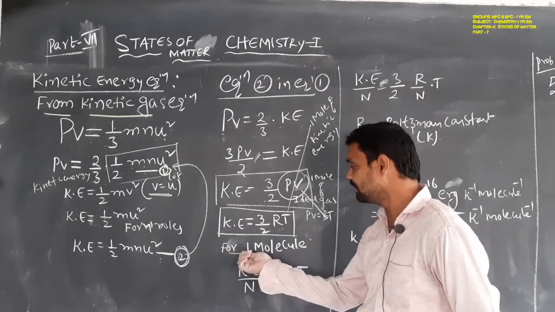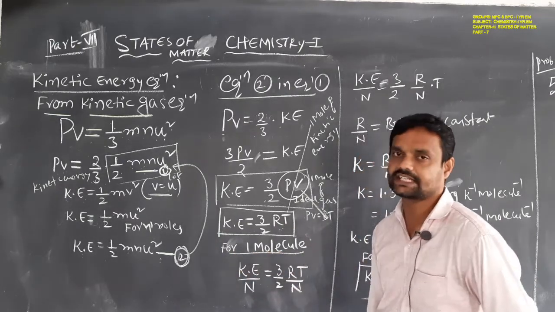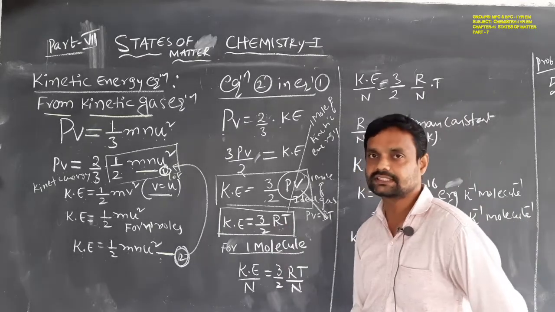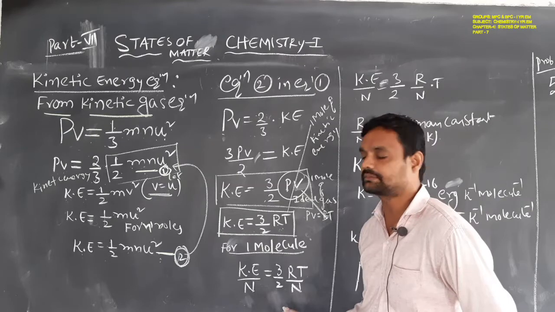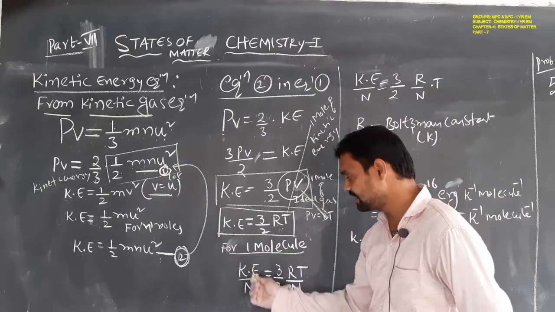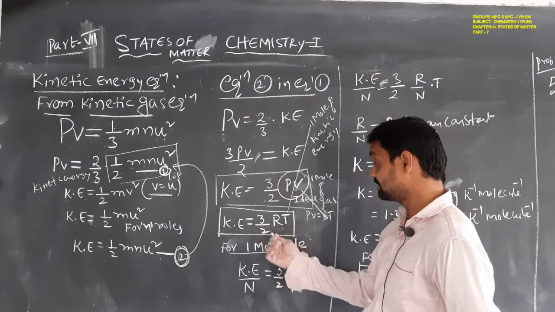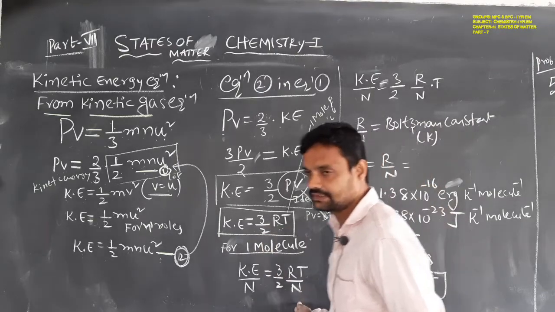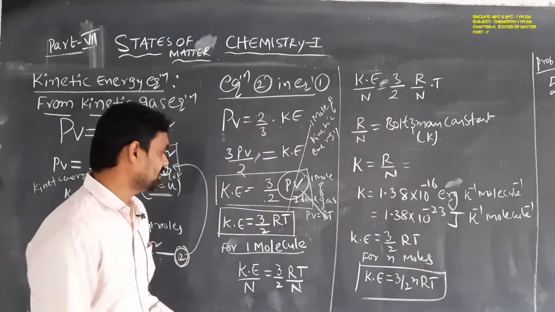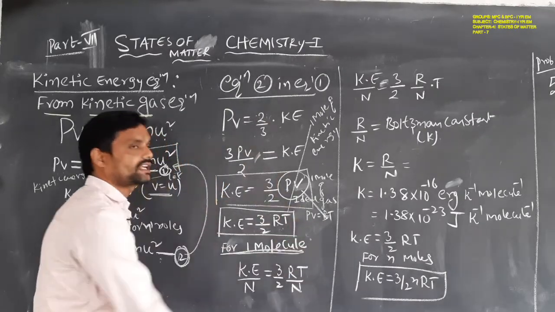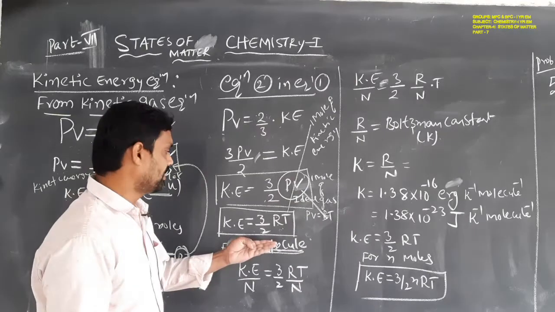For the kinetic energy equation of 1 molecule, this 1 mole equation is divided by the Avogadro number capital N. So KE divided by Avogadro number N is equal to 3 by 2 RT divided by capital N. Then we get the kinetic energy equation for 1 molecule.